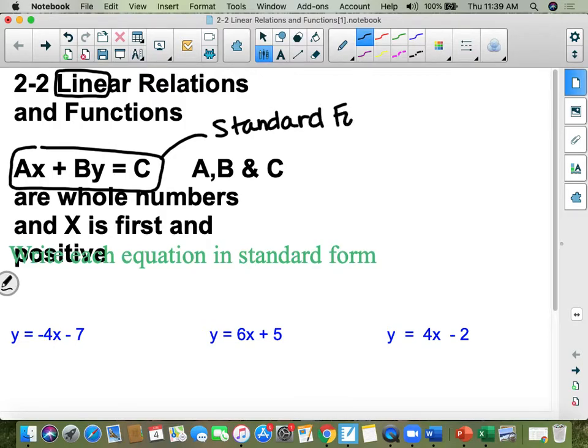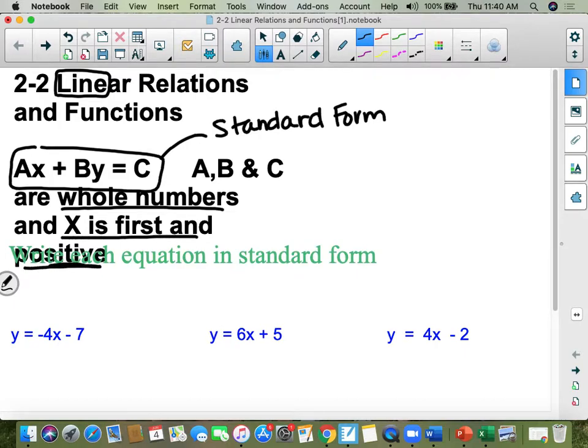This is the standard form of a line, ax plus by equals c. Notice that the x and y are on the same side. Does everybody see that the x and y are on the same side and that the number is alone on the right side? I want all whole numbers, and I want x to be first, and I want it to be positive.